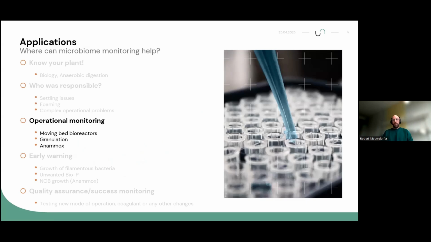Operational monitoring. There are certain operating modes like moving bed bioreactors, granulation processes, or the Anammox process that are quite sensitive and not that easy to operate. So our services help to understand the system better and also help to run the system better.